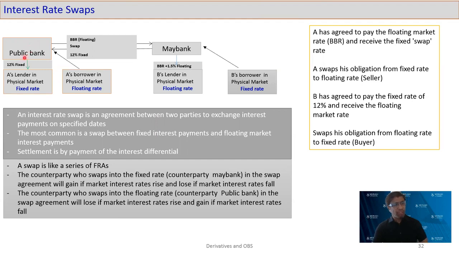Assuming Public Bank lends or borrows from the public through what we call deposits, either fixed deposits or retail deposits, which have a fixed rate. His obligation to these people is to pay them the fixed rate which they agreed when they opened the account. But Public Bank takes this money and lends it out as loans to businesses.